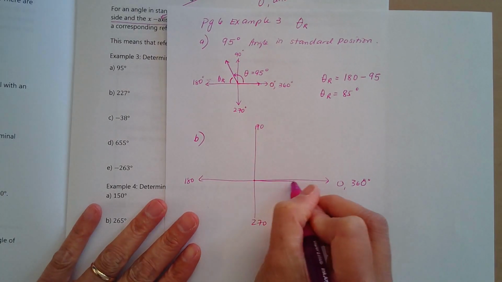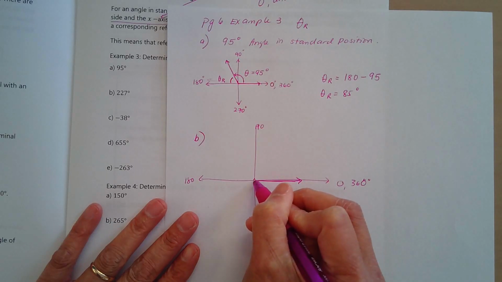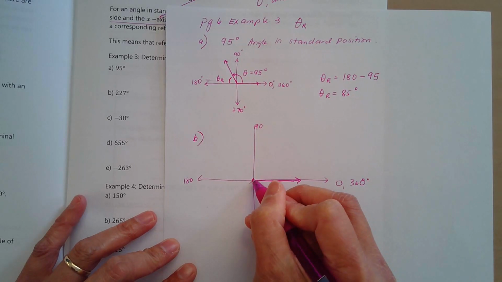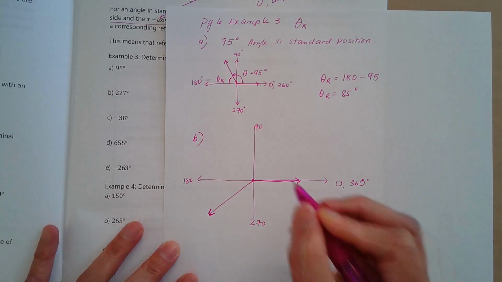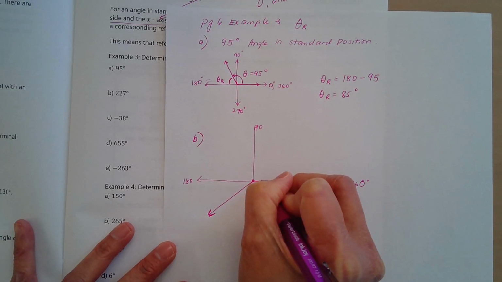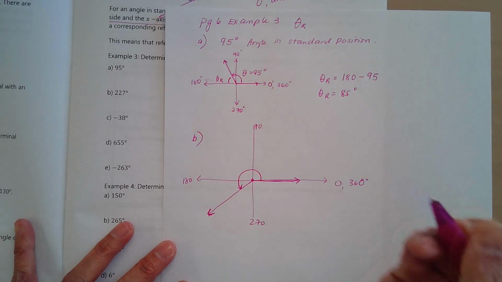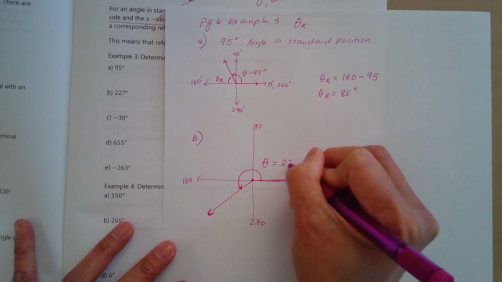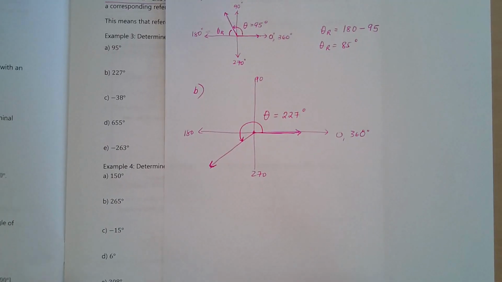Quadrant 3, right? So this is the initial arm, and then it's going to rotate and be somewhere around here in quadrant 3. So the angle in standard position, from the initial arm along the positive x-axis going this way, theta is equal to 227 degrees.